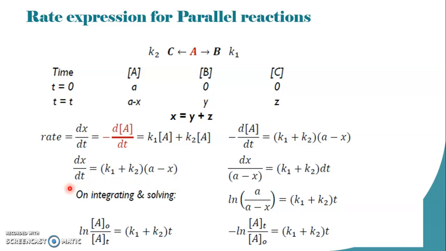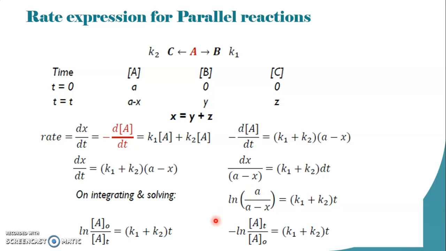Separating the terms, dx divided by A minus X is equal to K1 plus K2 into dt. On integrating from t equal to 0 to t, we get ln A by A minus X is equal to K1 plus K2 into t. Converting this in terms of concentration, A is the initial concentration and A minus X is the concentration after time t.